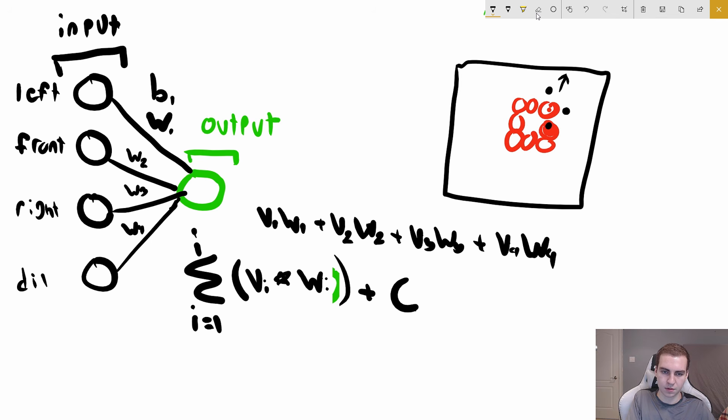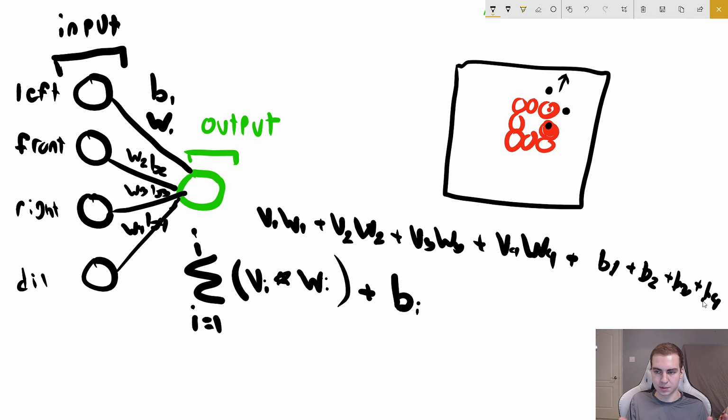We'll have B1, B2, B3, and B4. Well, we'll call it B instead of C. So I'm also going to add these biases in when I do these weights. So we're going to say Bi as well. Now what we'll have at the end here is plus B1 plus B2 plus B3 plus B4. Now again, I know you guys are like, what the heck am I doing? This makes no sense. It's about to make sense in one second.